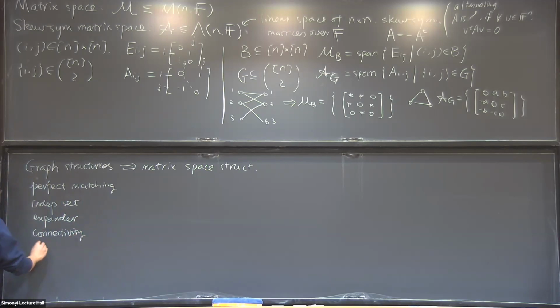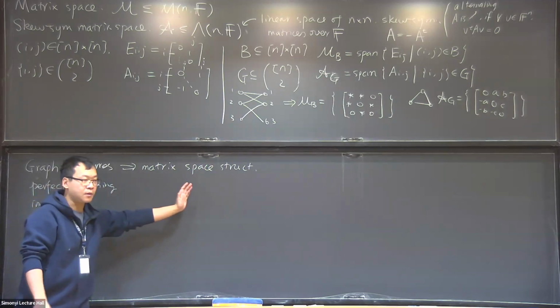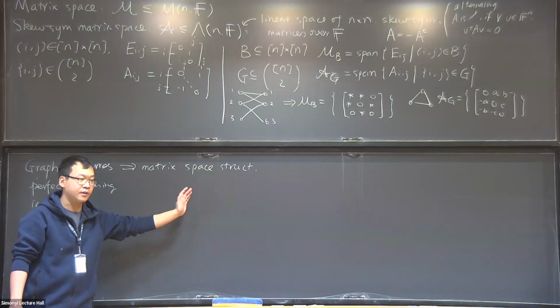Or cyclicity. And so on. So the list goes on, we are building the list. It seems to be that for many of these graph theoretic properties or structures, we will have some correspondence on the matrix side.